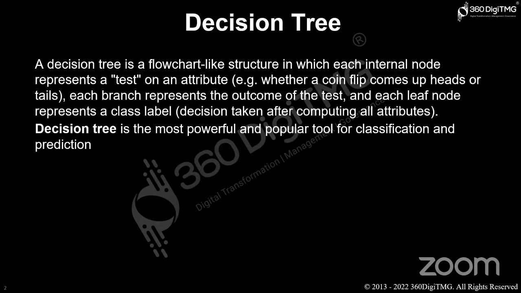What is the goal of the decision tree? The goal of the decision tree is to create a training model that can be used to predict the class or value of a target variable. How? By learning simple decision rules. This is how it achieves the goal.